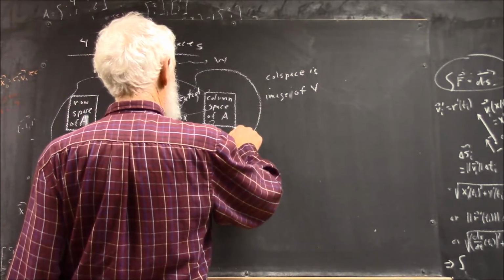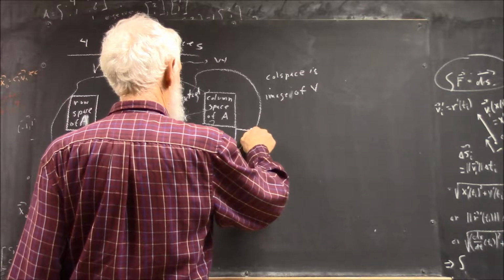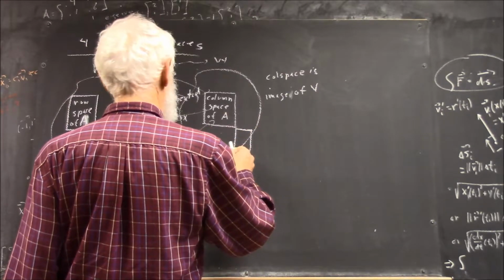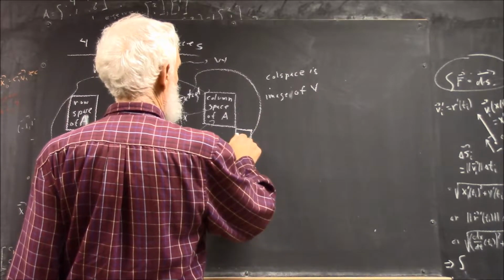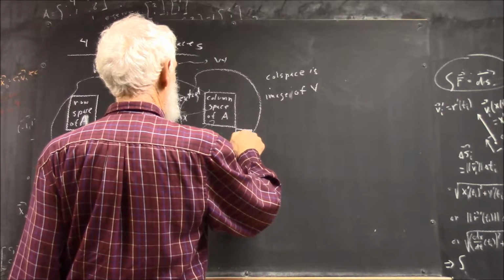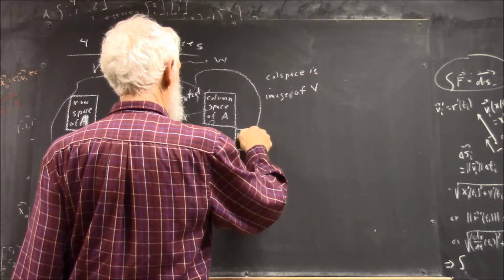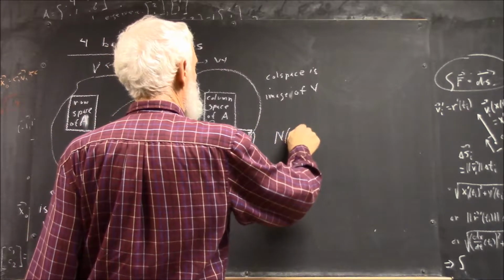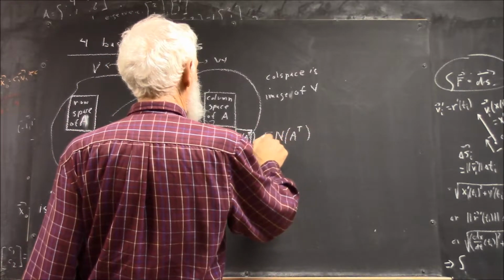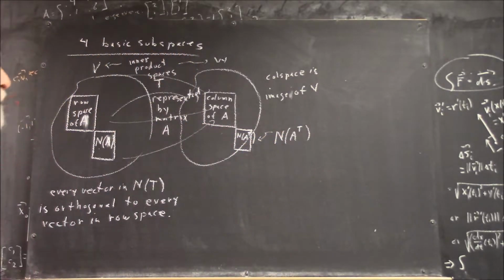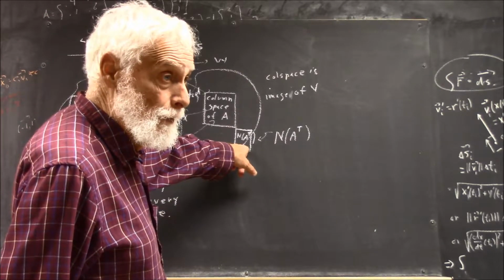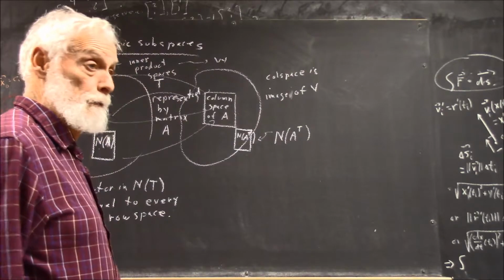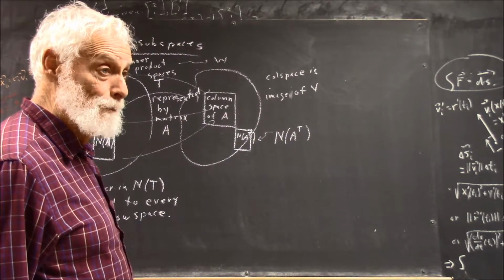And then you have the null space of A transpose. It's the set of vectors in here that don't come from anything over here.